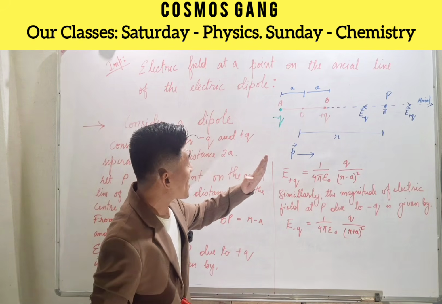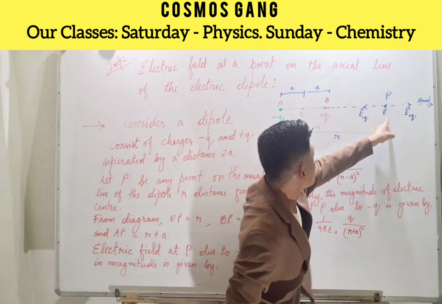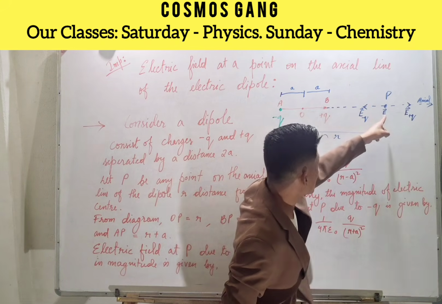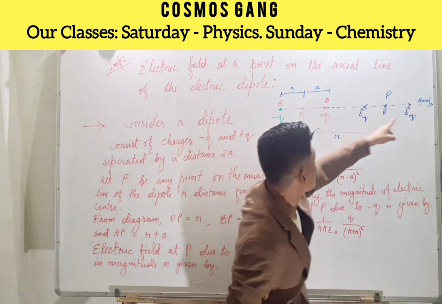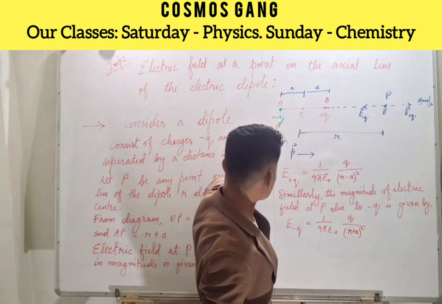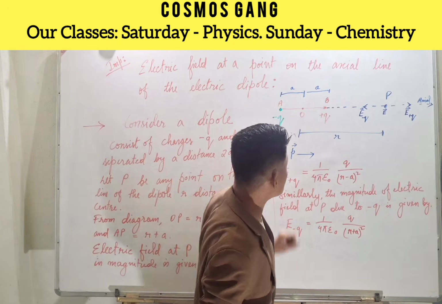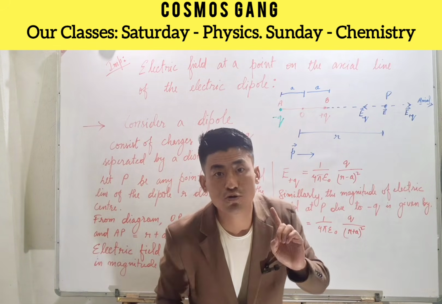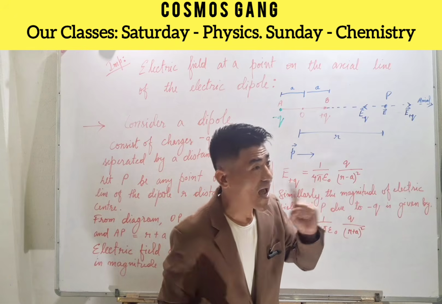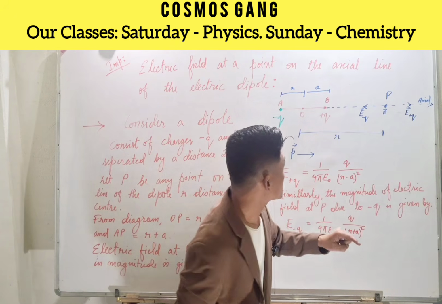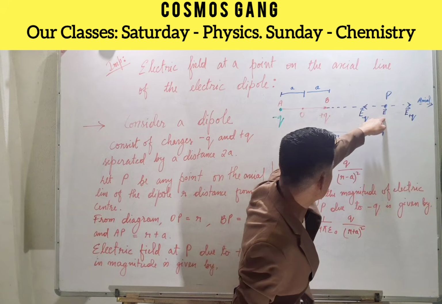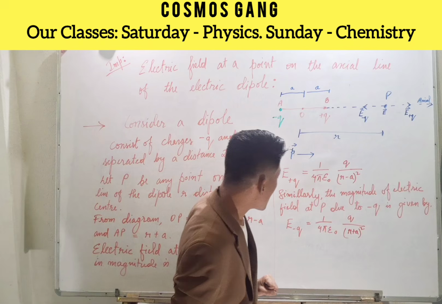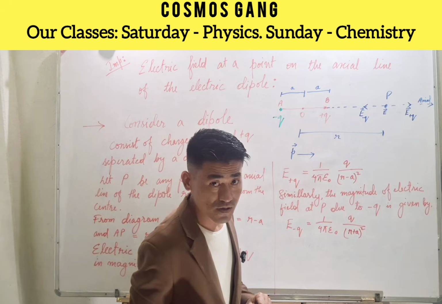Now from here, we can find that plus Q is closer to point P, whereas minus Q is further from point P. That means the electric field given by plus Q will be greater than the electric field given by minus Q, and they are opposite in direction. So the net or total electric field due to the charges at P will be given by the electric field with greater magnitude minus the electric field with lesser magnitude.